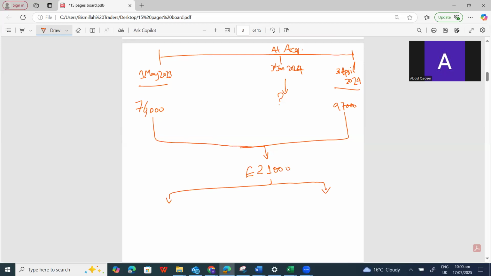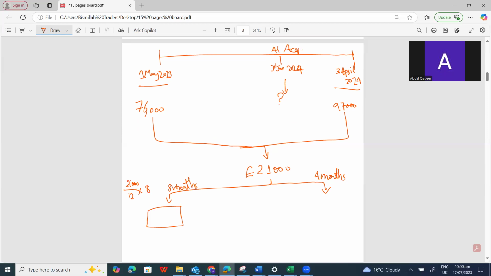It is divided into 8 months before the acquisition and 4 months after the acquisition, and we need the retained earning at acquisition. First we divide this 21,000 by 12 months and multiply by 8 months. We will get our 8 months retained earning.